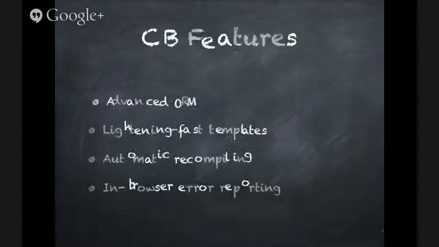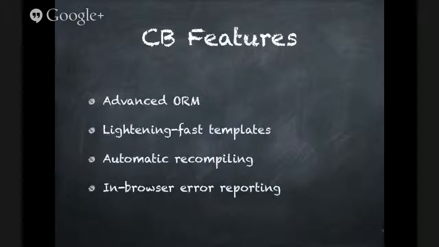So let's talk about some features. It has an advanced object relational mapper, lightning fast templates. They use Django HTML templates. Automatic recompiling. If you're using the dev server, you'll have some decent error messaging if it crashes or whatever.